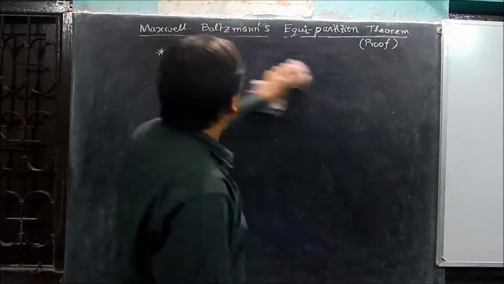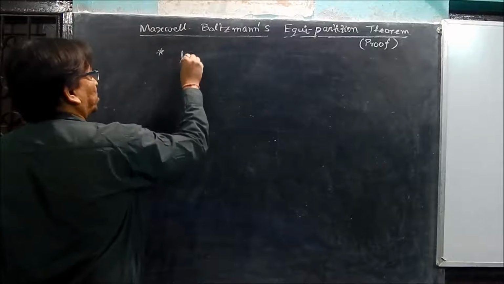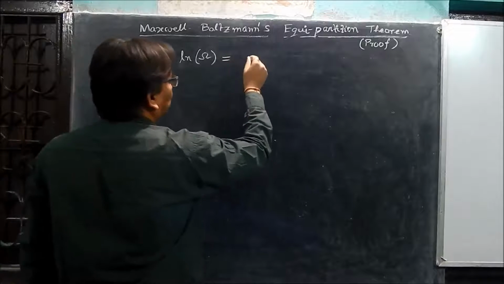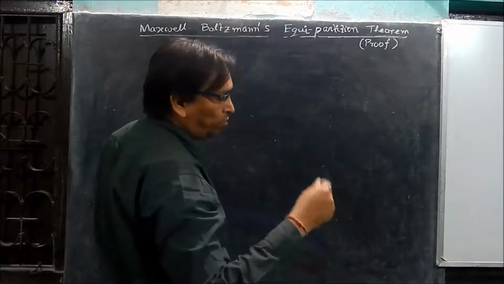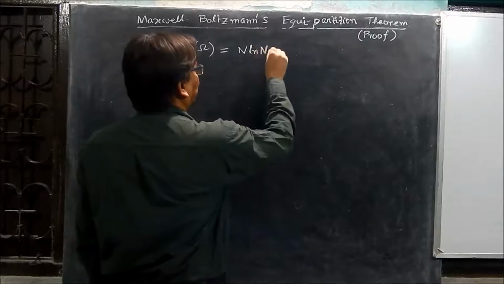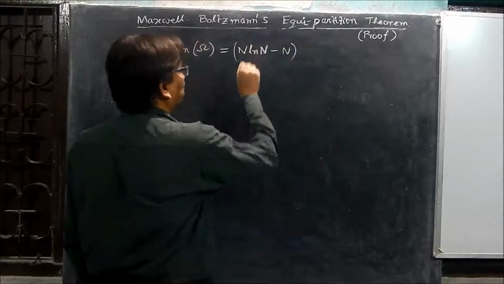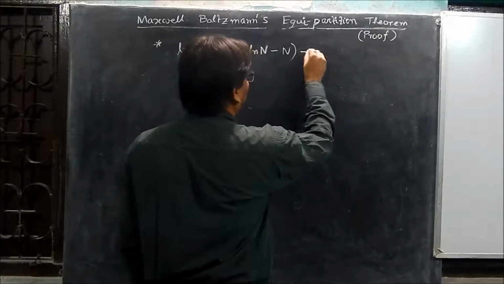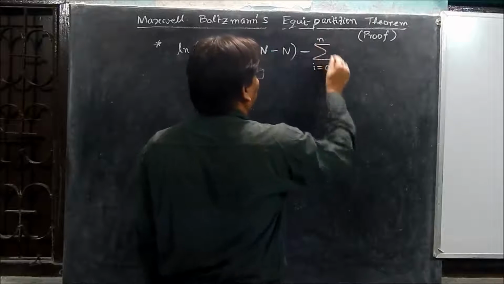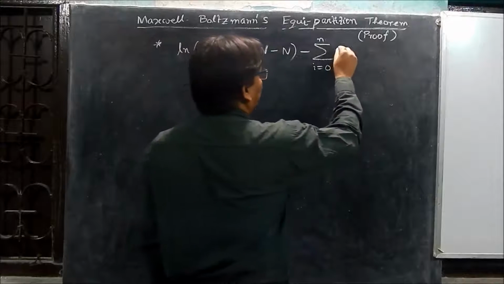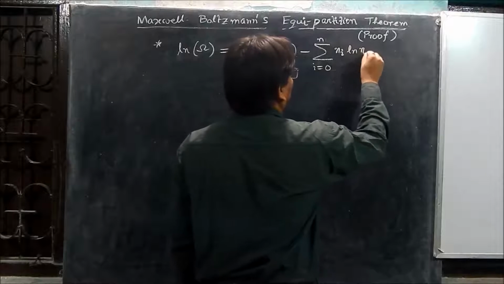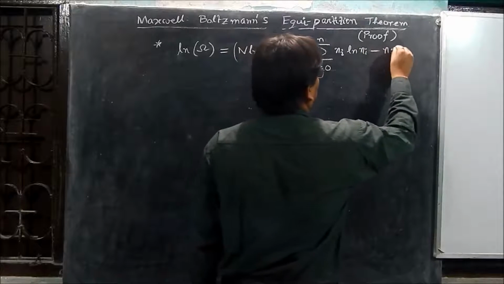So using this, ln of omega is equal to, this was our ln of capital N factorial, which can be written as N ln N minus N. And that was our minus, within the summation i equal to 0 to n, ni ln ni minus ni.